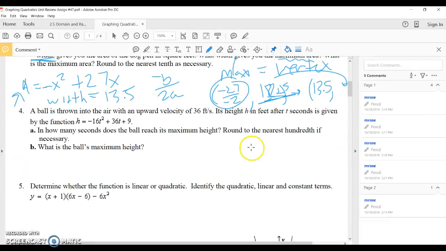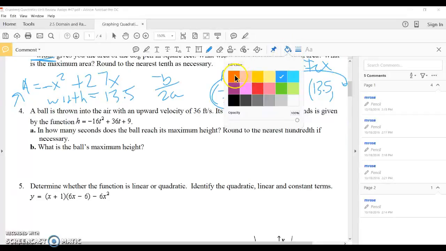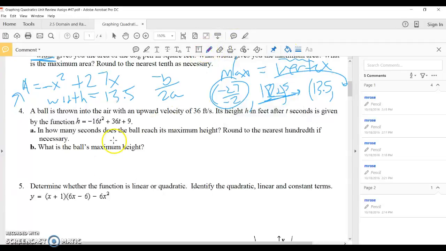Let's go for the next one. Different color. Let's try this one. Again, as soon as I see max, what do I want to find? The vertex. So part A, that's going to be the x value of the vertex because it asks for seconds. T is time, so that's going to be the x value.